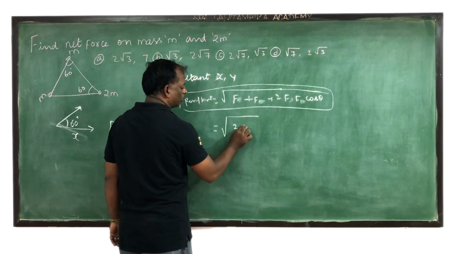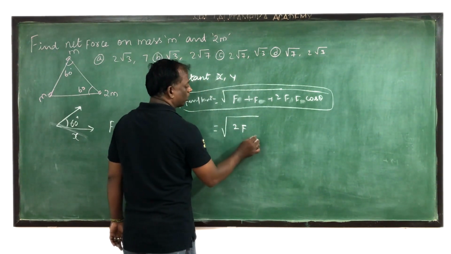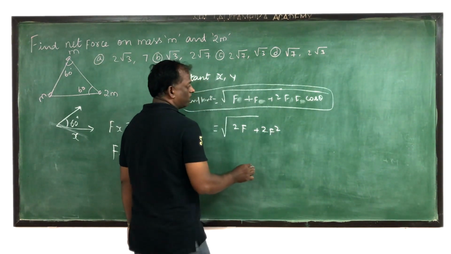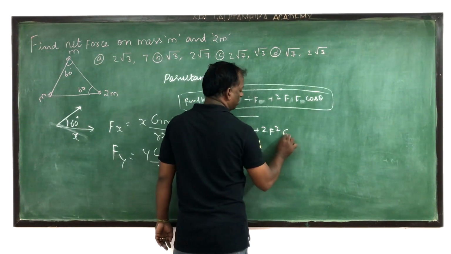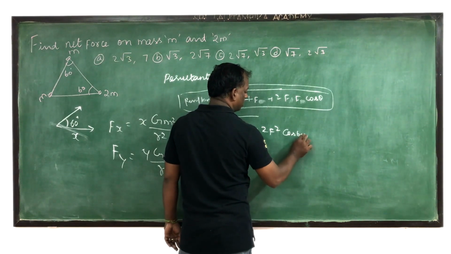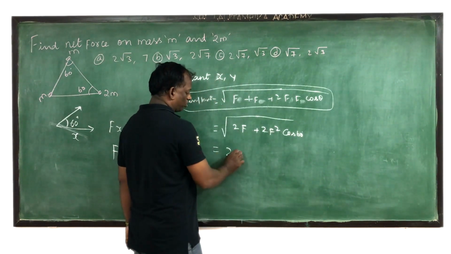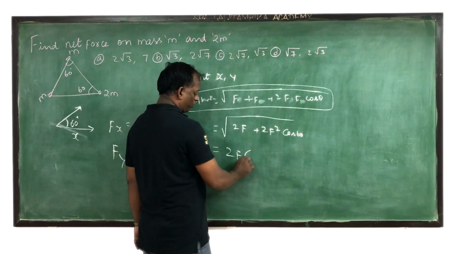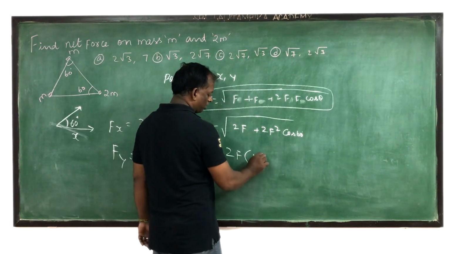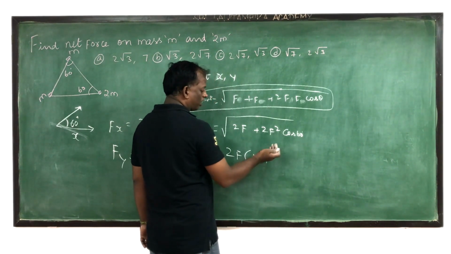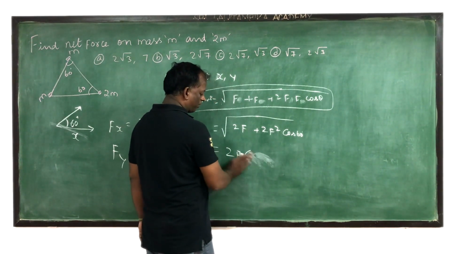So 2F square plus 2F square. What is cos 60 degree? Cos 60 degree, which is equal to 1 by 2. 2F common edukka it will be 1 plus, or we can write it as 2F common edukka thevilla.